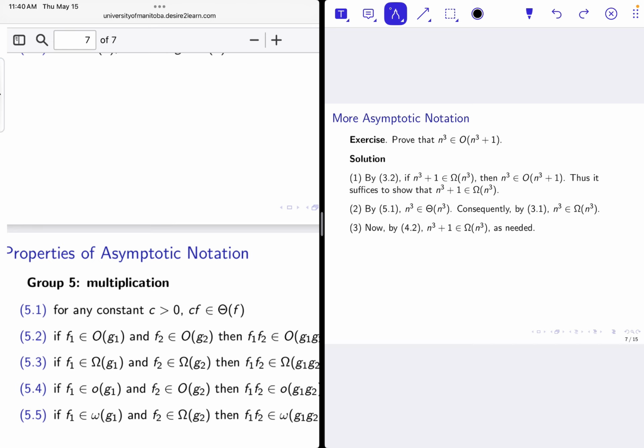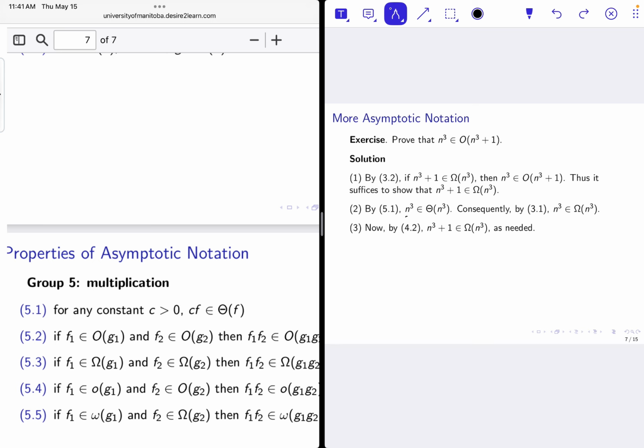And you can use this fact, which applies for any constant c greater than 0, with the constant c equals 1, to say that every function is in big theta of itself. Obviously, everything is equal to itself. And that usually gives us a really nice starting point for proofs like these.